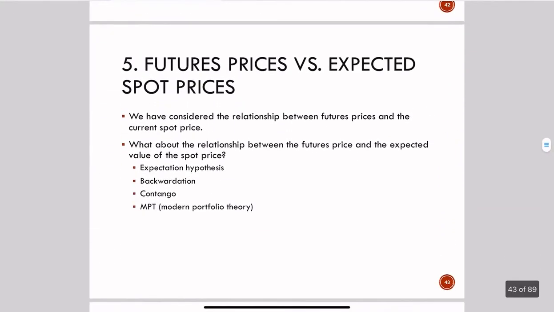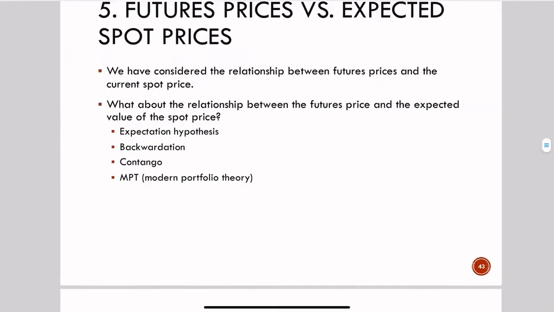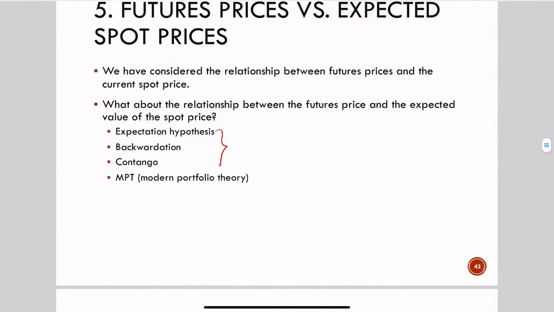Okay, now let's continue our discussion on the relationship between futures prices and the expected spot prices. So we basically discussed the first three theories, right? The first is the expectation hypothesis. The second is normal backwardation. The third is contango.